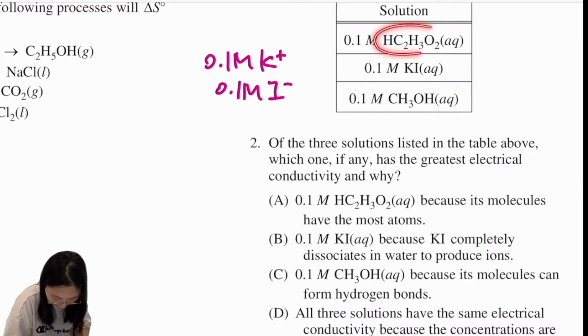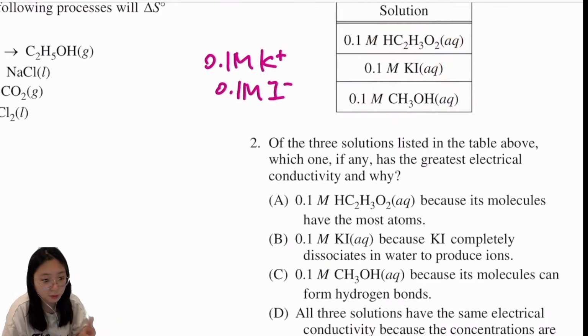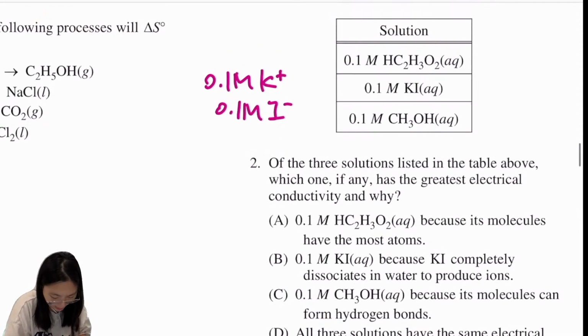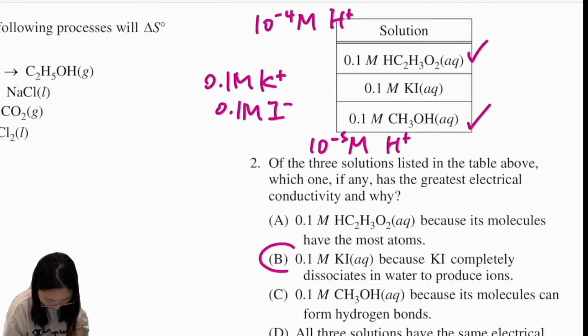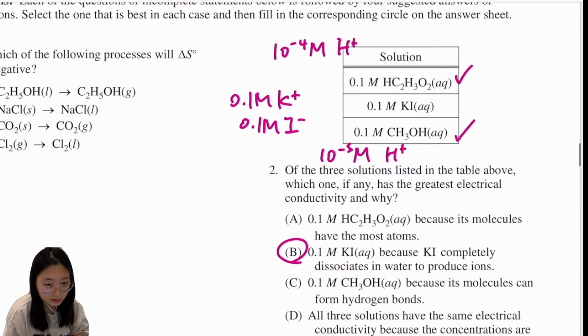On the other hand, the other two are both weak acids, and a weak acid only partially dissociates. Once they dissociate, you will see only, let's say, 10 to the power of negative 4 molar of protons, or 10 to the power of negative 5 molar of protons. You will see only a very small number of ions for the first one and the third one. So the answer is B. Ionic compounds always completely dissociate.